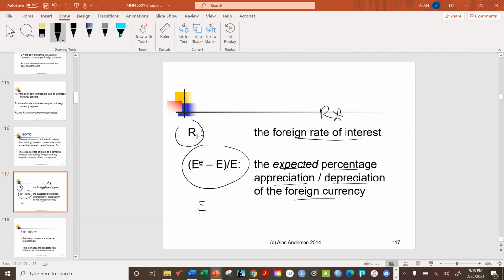If EE exceeds E, as we saw earlier, that means that this entire term is positive, and that means we expect the dollar to depreciate.